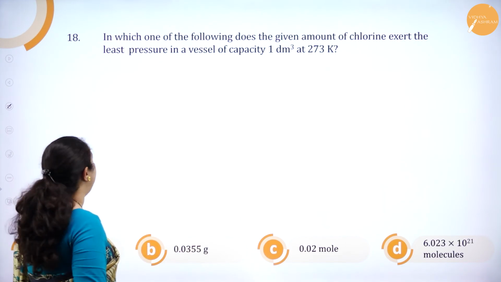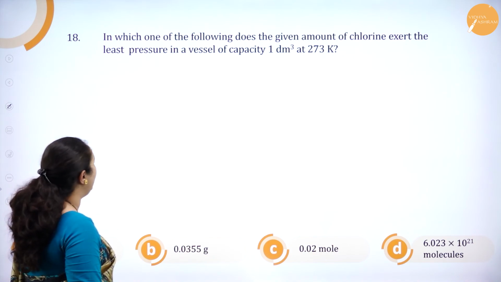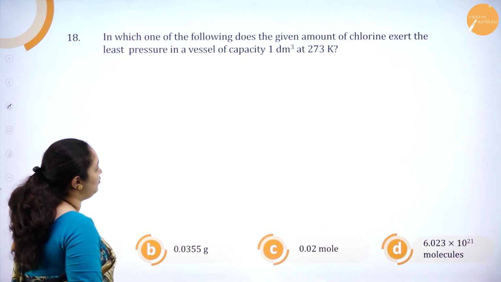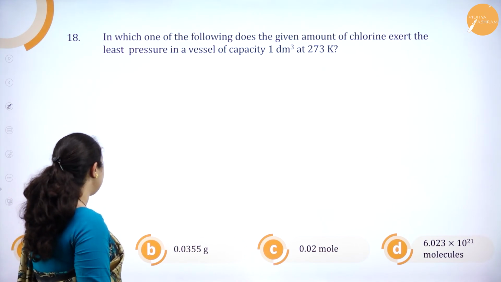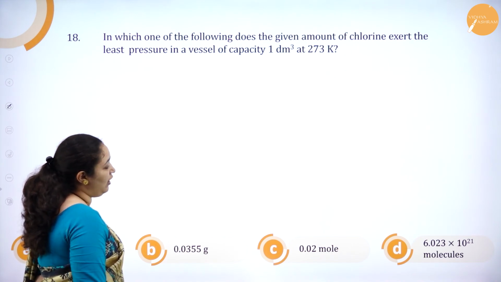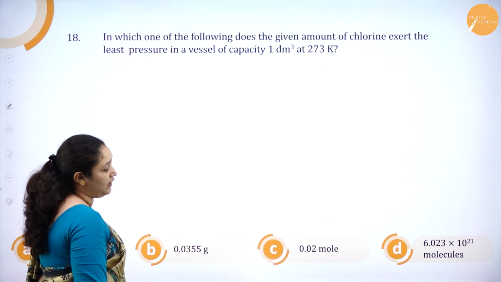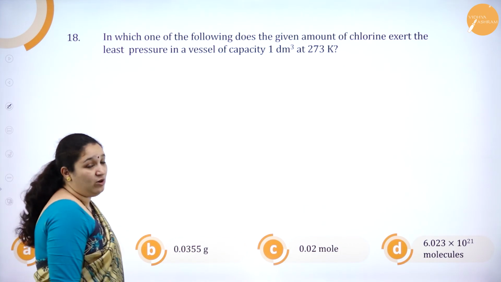Question number 18. In which one of the following does the given amount of chlorine exert the least pressure in a vessel of capacity 1 dm cube at 273 Kelvin? A. 0.071 grams, B. 0.0355 grams, C. 0.02 mole, or D. 6.023 into 10 power 21 molecules. So what do you need to find out?